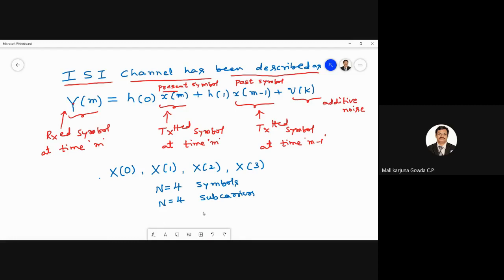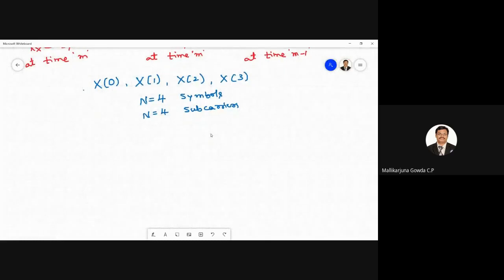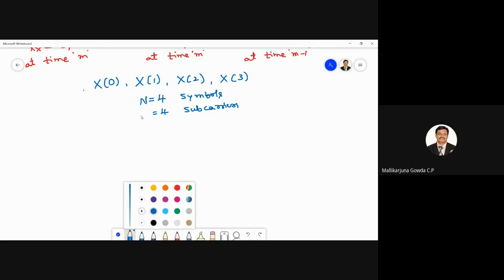So what I wanted to say here is these n symbols will be loaded onto the n subcarriers. So instead of making you confused, let me use a different alphabet. Let me say L, where L is the subcarrier.